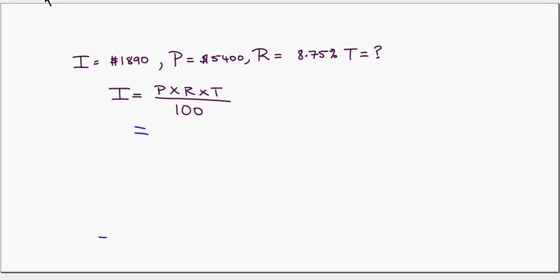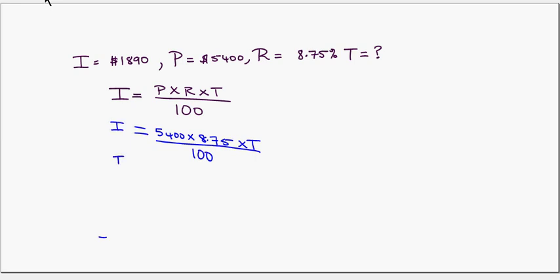If we put the numbers in the equation, you'll get 5,400 here, you'll get 8.75 here, and T being the unknown, over 100.